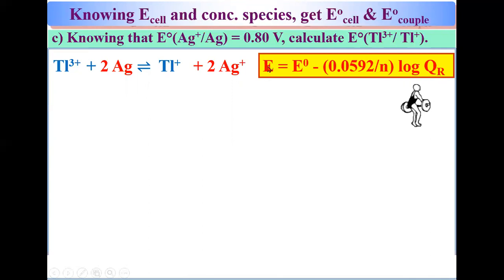Now I prefer to call this delta E, and with the Nernst equation again, for the overall reaction, we can call it E of the overall reaction or delta E of the overall reaction. So here is my Nernst equation for the overall reaction. And notice it looks exactly the same as for a particular electrode, right? It's in the same format, it's still log of Q. And I was asked this question many times.